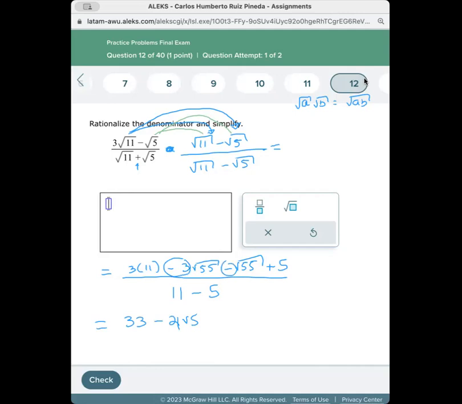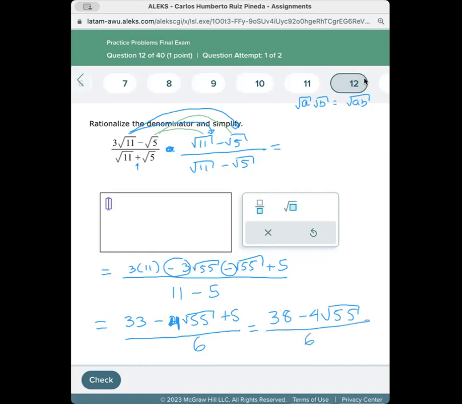I'm going to write it in a better way. Negative 4 square root of 55, and then plus 5, divided by 11 minus 5, 6. We can simplify this more if we add 33 plus 5, 38 minus 4 square root of 55, divided by 6.